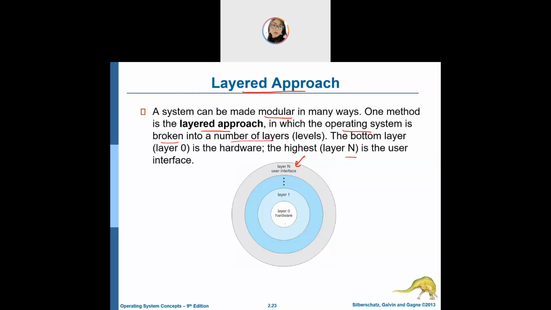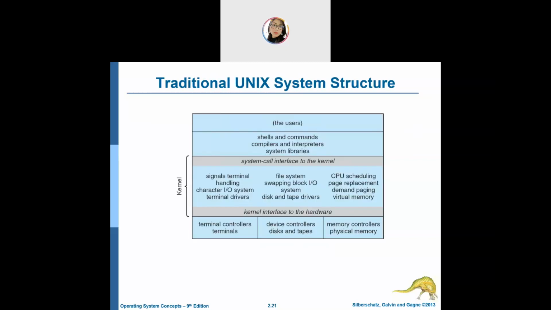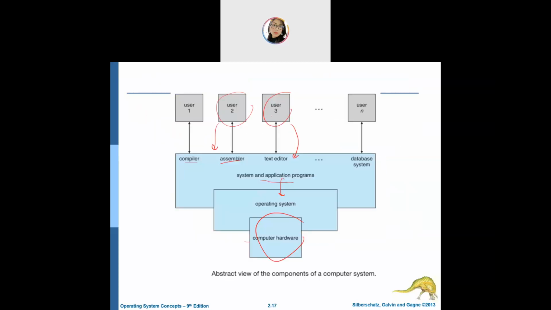So you divide it into several layers. The bottom layer we call layer 0, and normally it is the hardware. The highest is layer N, which is the user interface. This is quite similar to the other systems. This is your layer 0, and this is your layer N, which is your user interface.